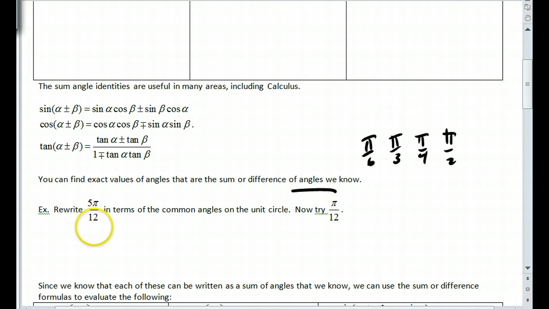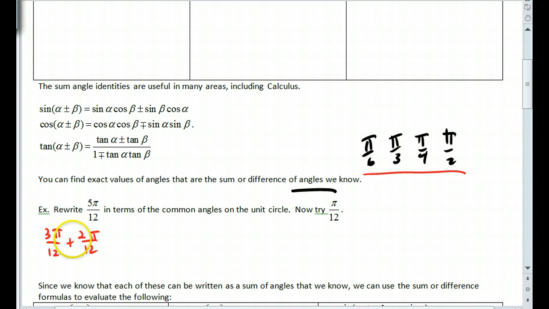So let's take 5 pi over 12, for instance. Can I write this in terms of these types of angles? Now, they could have a coefficient here, too, because we've done those. We know those from the unit circle. So if I take 5 pi over 12, what's one way to do that? Well, I know that 5 is, for instance, 3 pi over 12 plus 2 pi over 12.